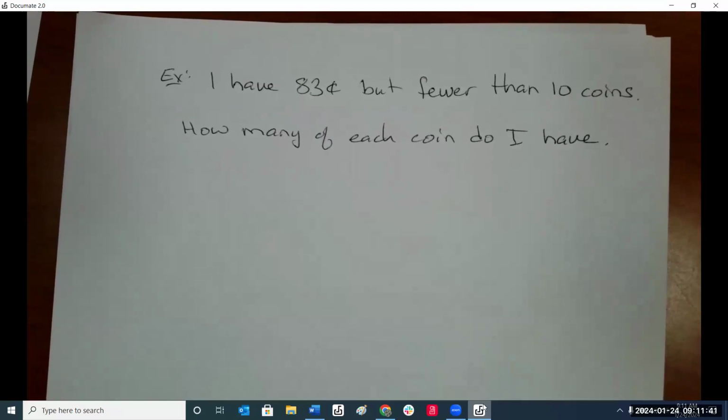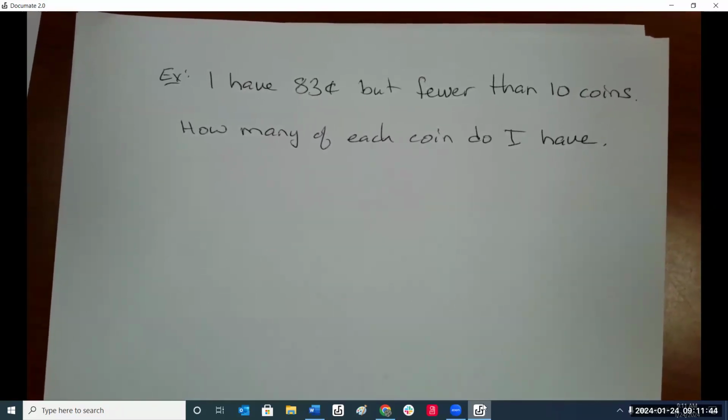I have 83 cents, but fewer than 10 coins. How many of each coin do I have? So how are y'all approaching this problem?